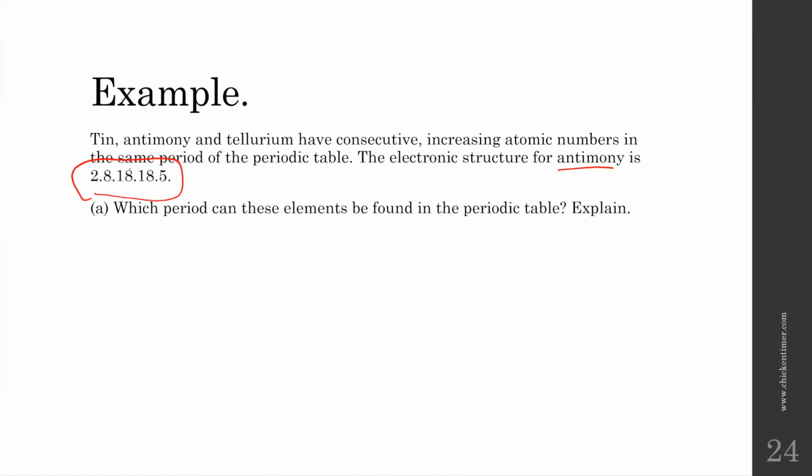Then they say tin, antimony, and a third element have consecutive increasing atomic numbers. That means in the periodic table they are in one section, next to each other. So you have tin, then antimony, then the third element down here. So they are three consecutive elements.